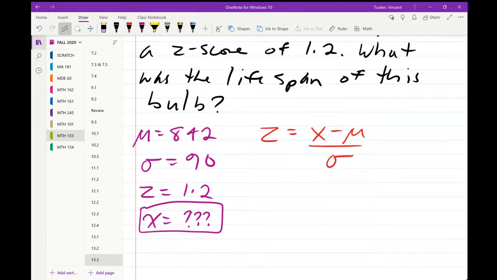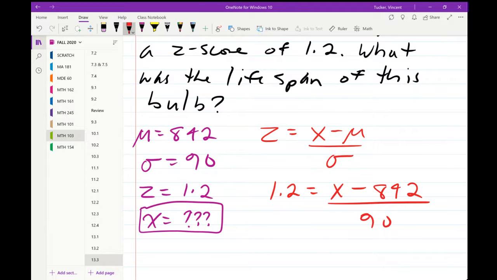It's up to you if you want to plug in the values and then solve, or solve it first. I'll just plug in the values. So that's 1.2 equal to x, which is what we want to find out, minus 842 over 90.